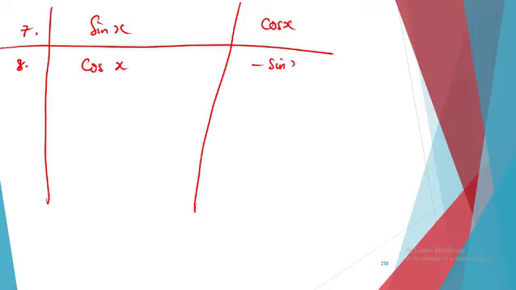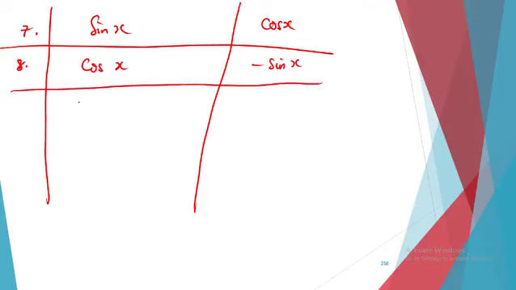We'll have number 7. And number 7, we'll have sine x. When you differentiate sine x, your answer will be cos x. Okay. Then when you differentiate cos x, you have minus sine x. You see the difference? You differentiate sine x, you have cos x.